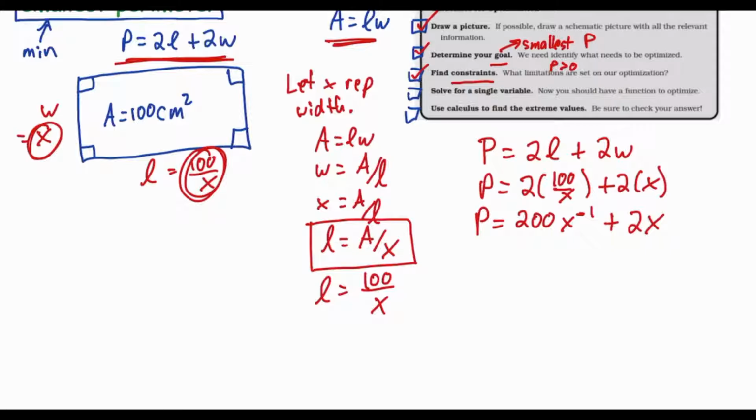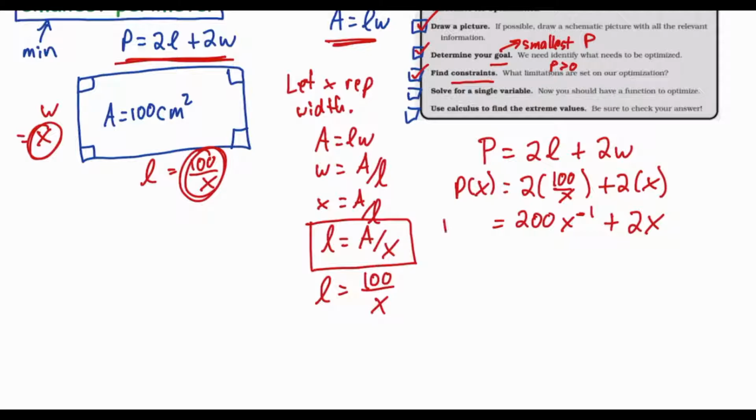In order to do that, I'll look for that telltale calculus word, and that telltale calculus word here is minimum. And so I'm going to find the derivative of this function. So P prime, and actually I should define what this is in terms of, so I'm just going to rewrite this quickly.